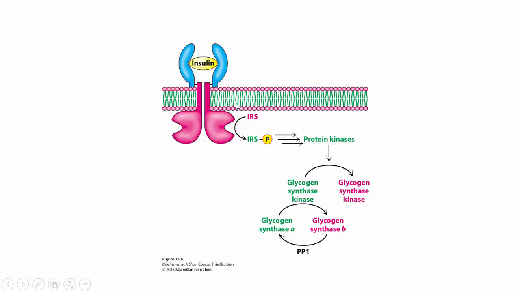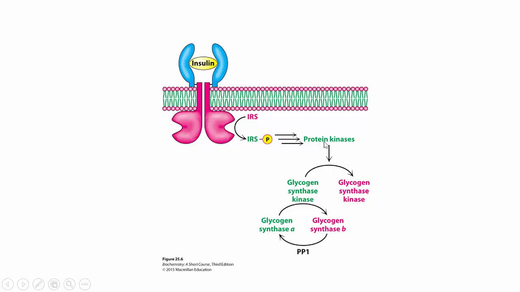So we go through the insulin signaling pathway. You don't have to remember the details right now, but eventually a protein kinase will be activated. And when this happens, this kinase is going to phosphorylate GSK. So GSK, when it's turned on, when it has no phosphate group, normally phosphorylates glycogen synthase. And when glycogen synthase is phosphorylated, it is turned off.